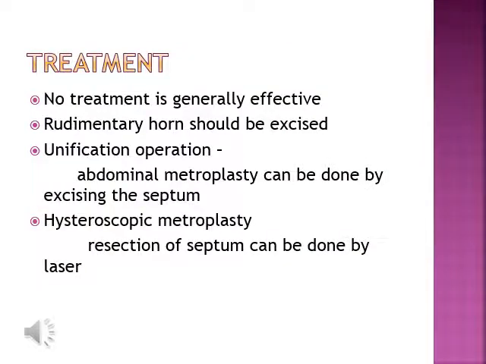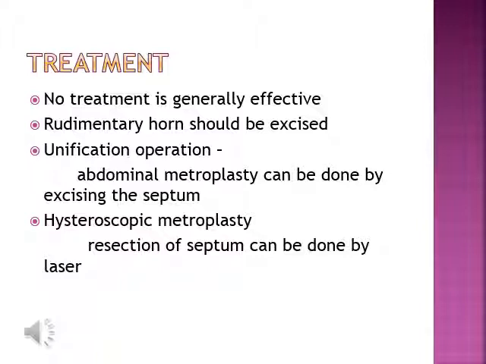Moving to the treatment, there is no treatment that is generally effective in uterine anomalies, which are usually congenital. A rudimentary horn should be excised in some cases, and there are some unification operations like abdominal metroplasty, which can be done by excising the septum.